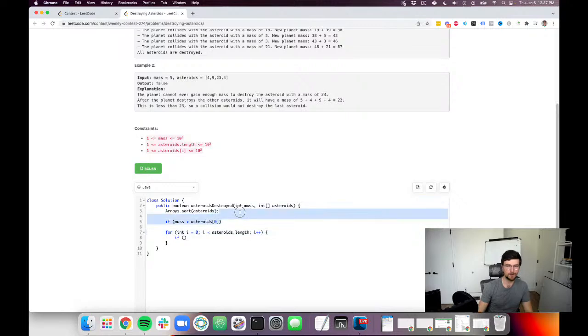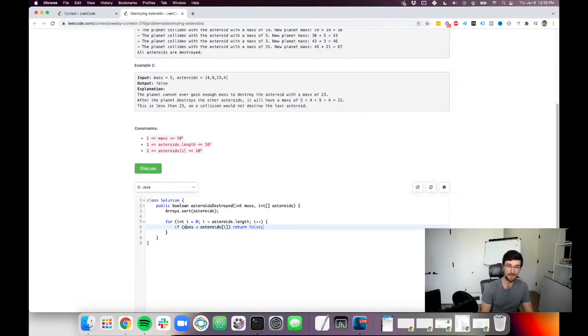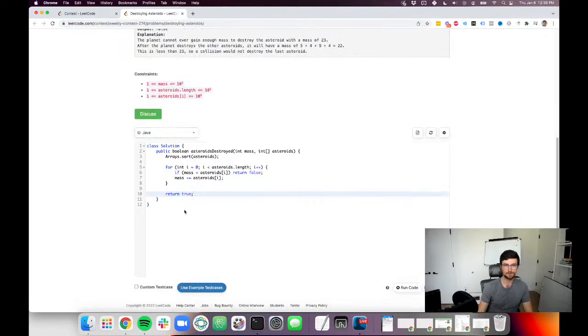We'll do it like this. It's just going to be, if mass is less than asteroids[i], then return false, right? Because we destroyed the planet. Otherwise, mass plus equals asteroids[i]. We're just going to add that to the total mass. And then at the end, if we make it through the whole thing, we return true. And I'm pretty sure that's all we need to do.